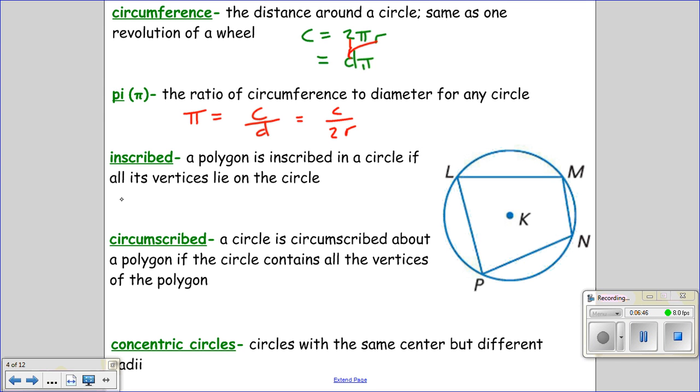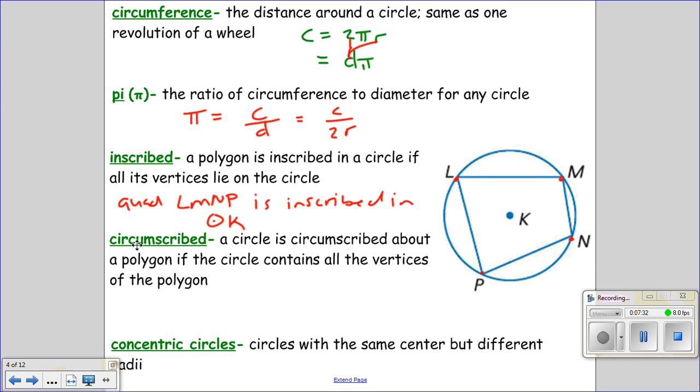So we can say that quadrilateral LMNP is inscribed in circle K. So this four-sided polygon is inscribed in this circle, which is called circle K because of the center K. Inscribed is another way of saying it's inside of it, but again, all of the vertices must touch the circle, which they do.